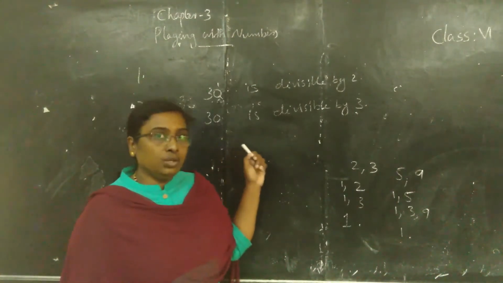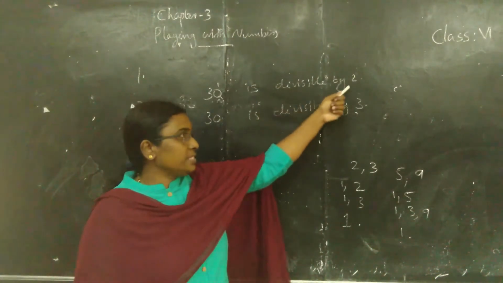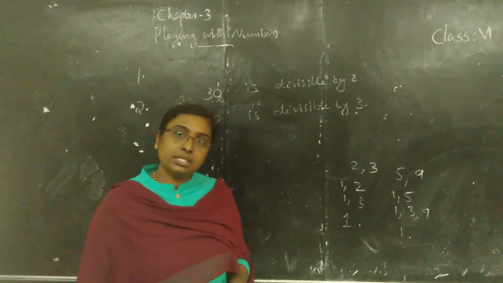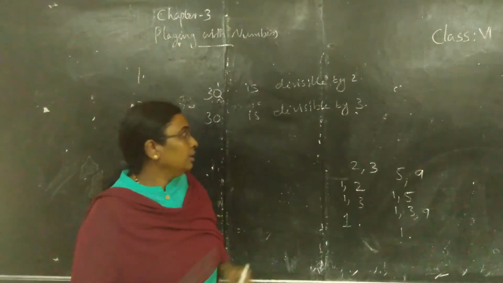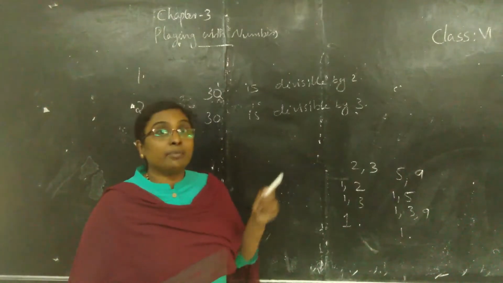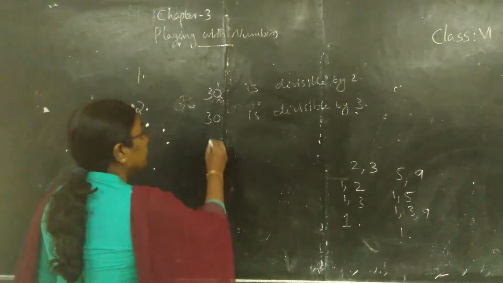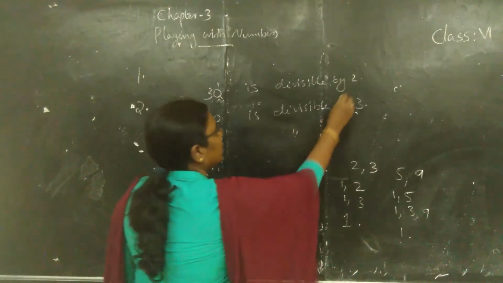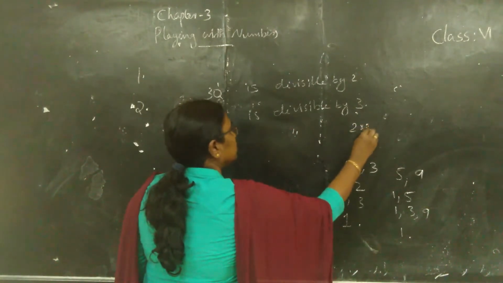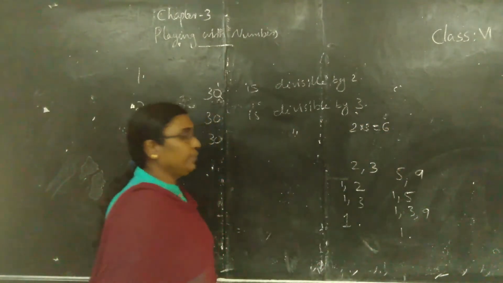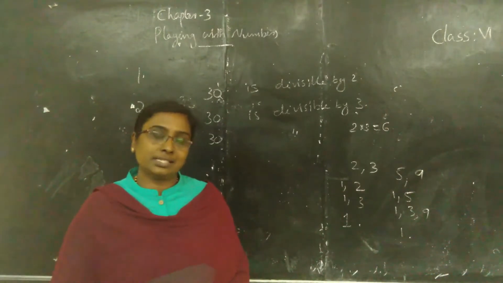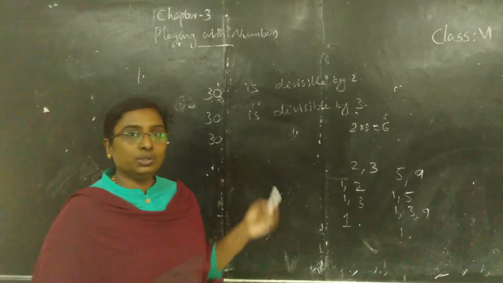This rule, the second rule, states that if a number is divisible by two co-prime numbers, then this number is divisible by their product also. That is, 30 is divisible by the product of these two numbers, 2 into 3 equal to 6. We know that 30 is divisible by 6. Isn't it? 6 into 5 equal to 30.